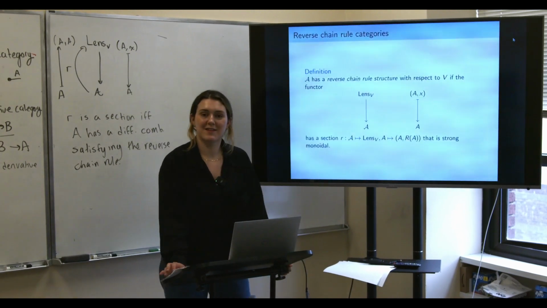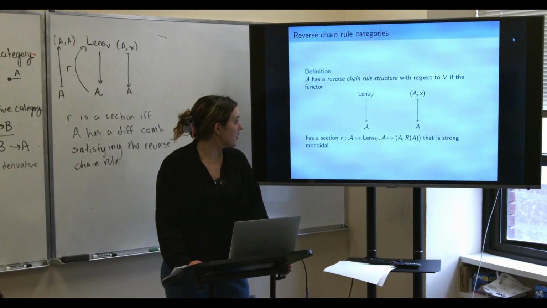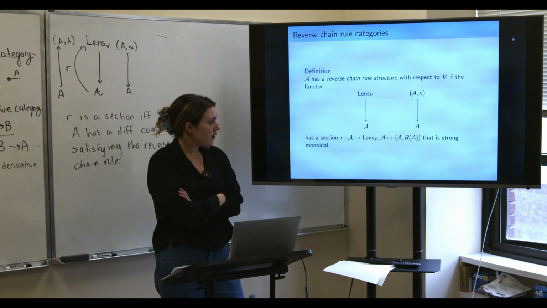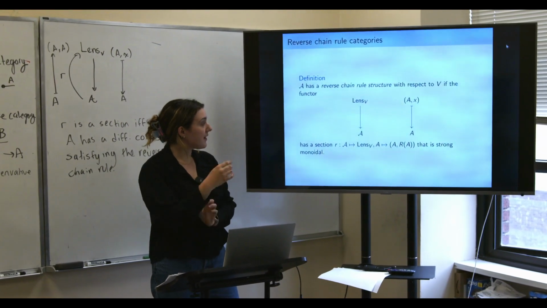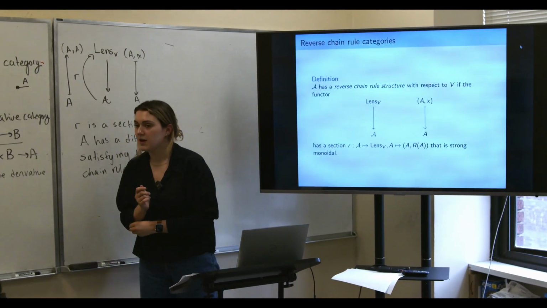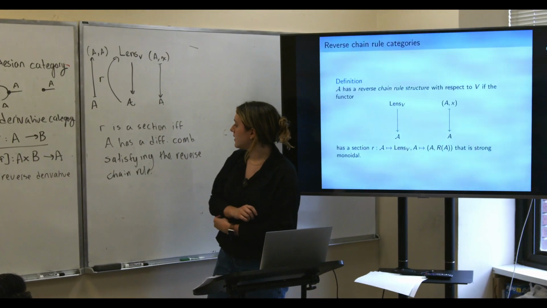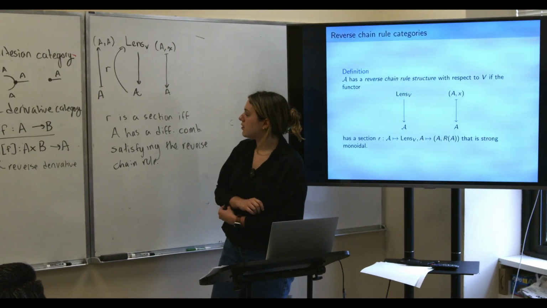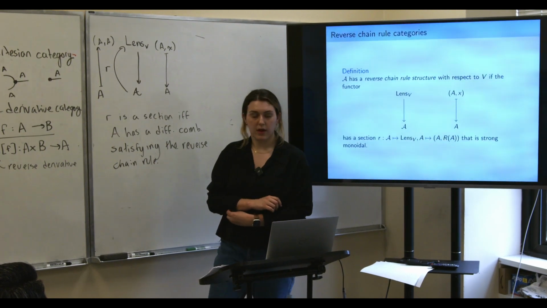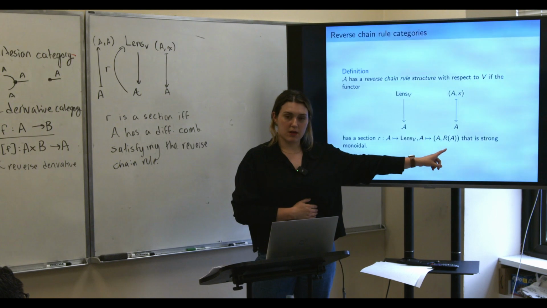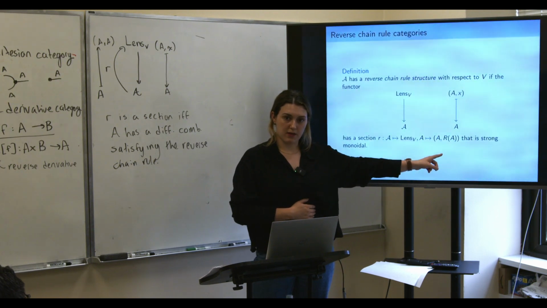Wait, on the slide, you have A maps to A, comma RA. You mean A, comma A there? Okay, so that's a really good point, and I'm glad that you said that. If A is Cartesian, we can ask that R of A is going to be equal to A, but in general, it's not necessarily going to be the case.